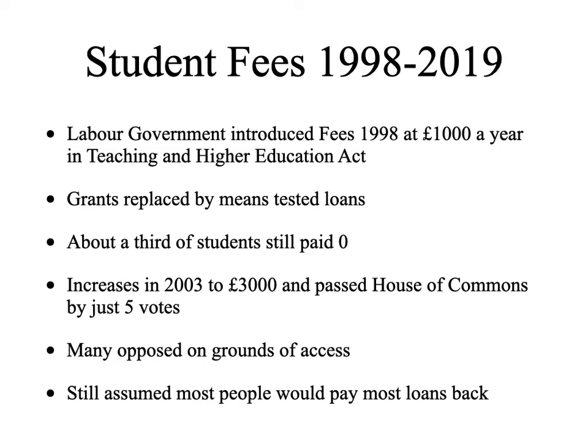Now, in truth, what's happened since doesn't necessarily bear that concern out. But politically at the time, it was certainly a hugely controversial and difficult time for the government, who, as I say, saw their majority slashed from 161 to just 5.